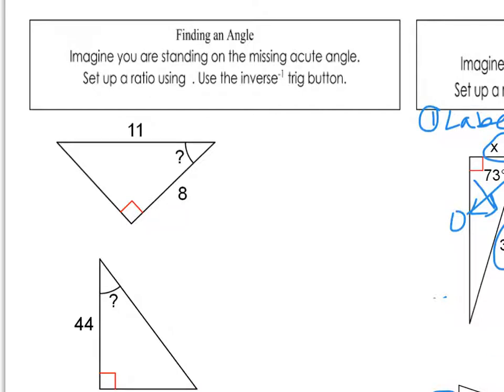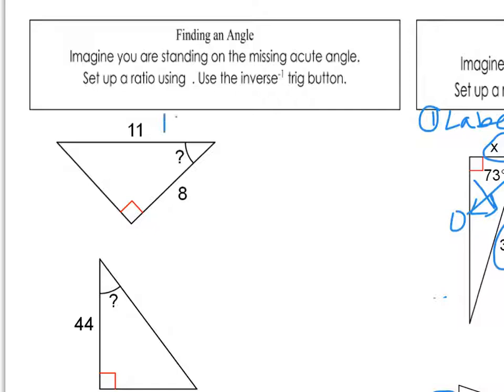But then to undo sine or undo cosine, we have to use the inverse. Just like the inverse of adding is subtracting, the inverse of dividing is to multiply. It's the same thing, and so we're going to use the inverse function on our calculator, which is where we're going to press second sine, second cosine, or second tangent. And I'll show you what that button looks like. But the first step is the same.